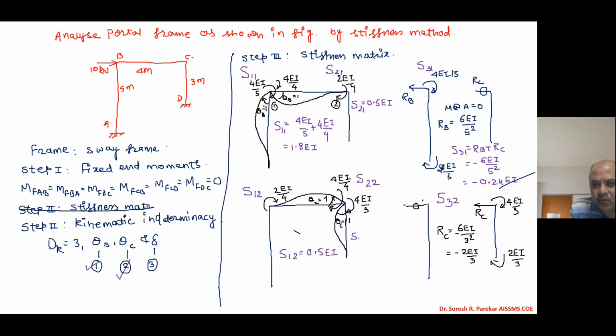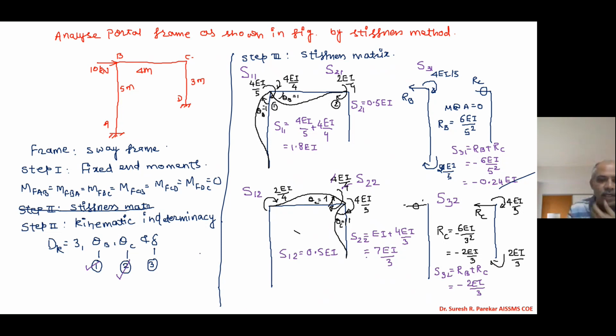Then S22 equal to EI plus 4 EI by 3, because this 4 gets cancelled, and we have 7 EI by 3. Then S32 is RB plus RC, and we will get the value minus 2 EI by 3.